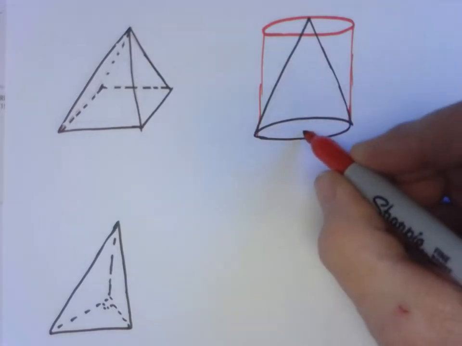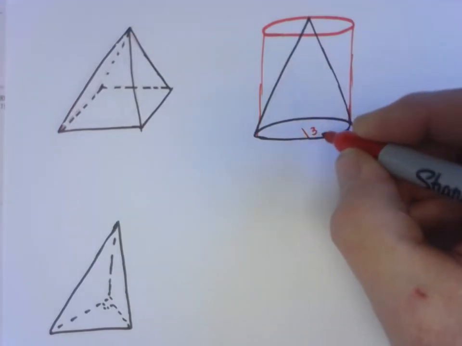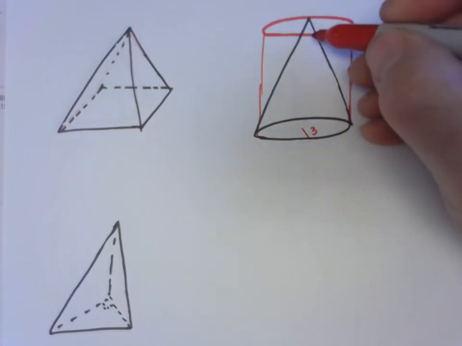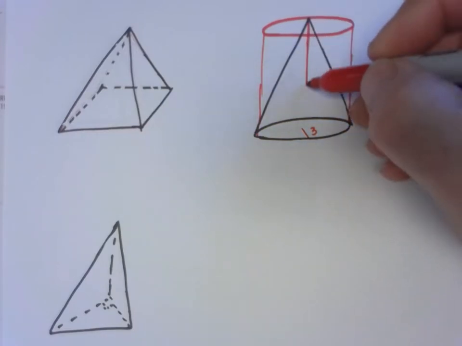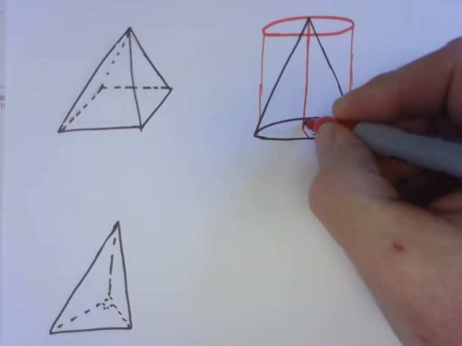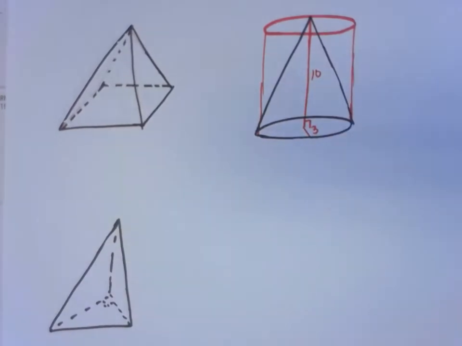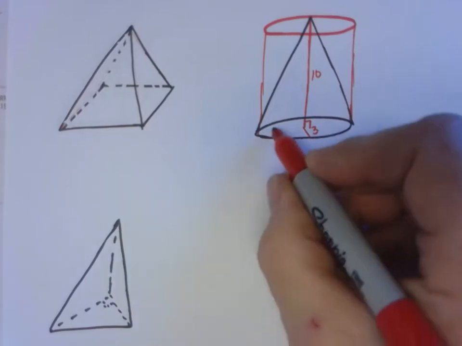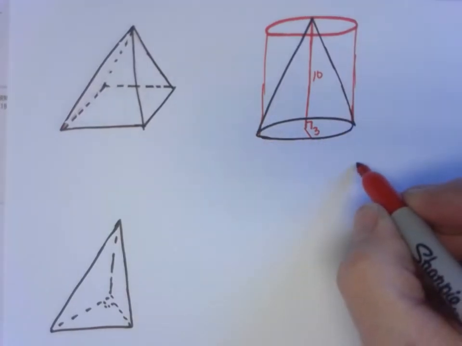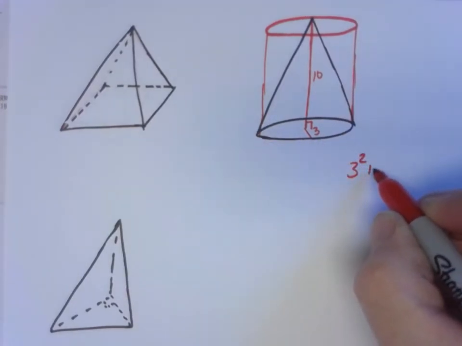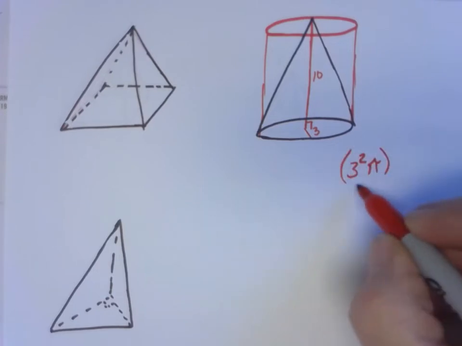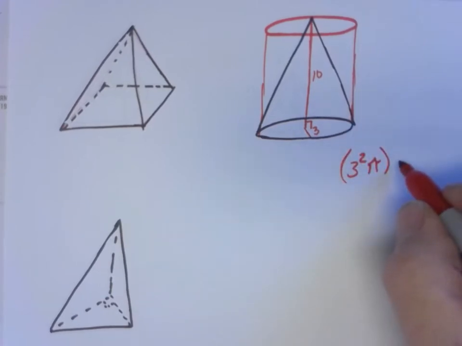So if we knew, say, the radius were 3, and we need to know the height of the cone, and that would mean from a right angle right there, and we'll just make it easy, we'll make it 10. So the area of our base would be 3 squared times pi, and then we multiply that by the height, which is 10.